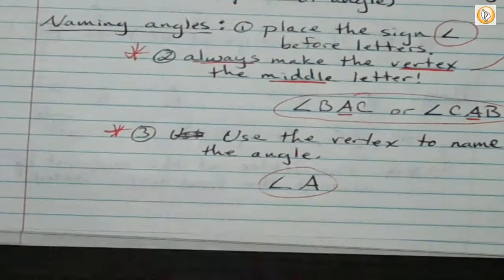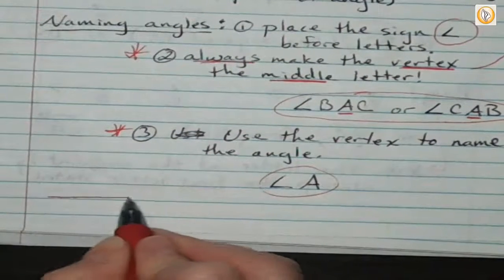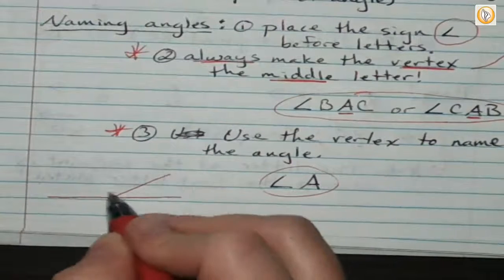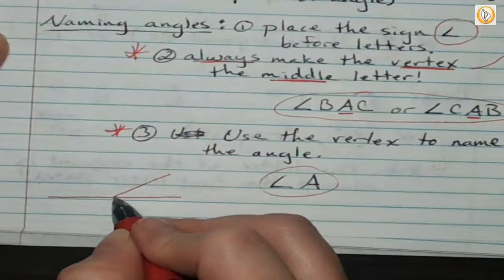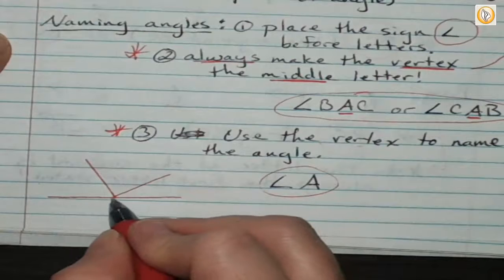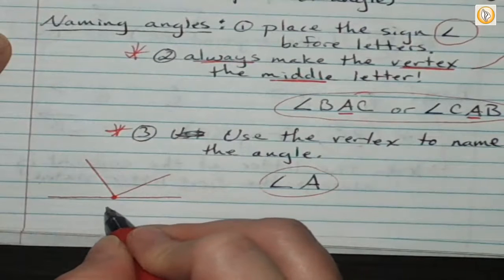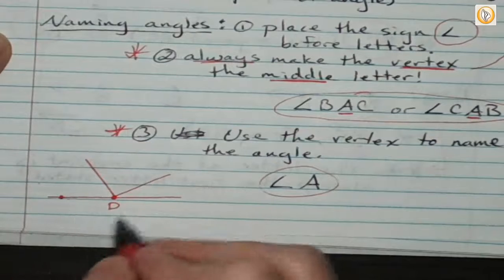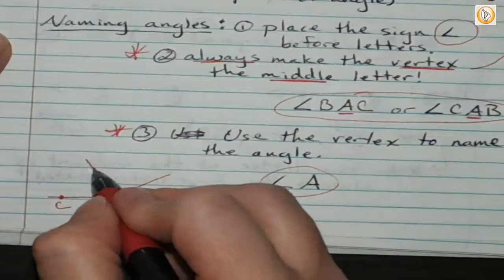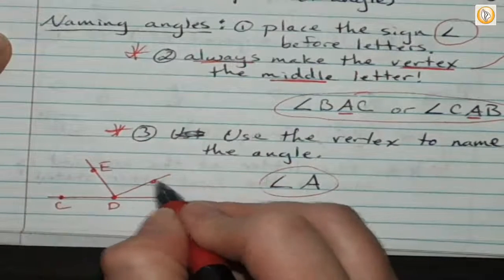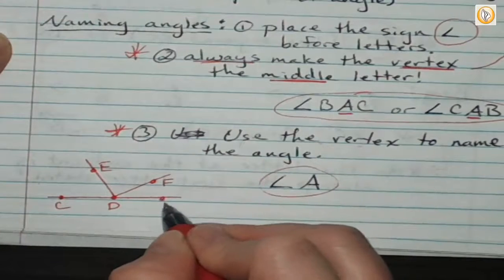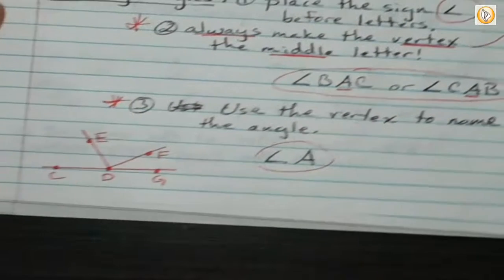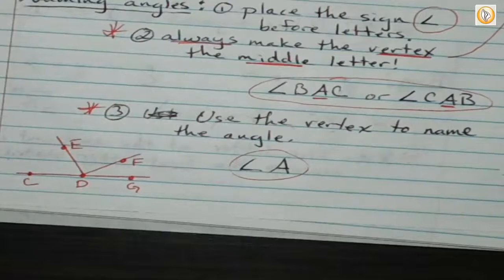For example, let's say this is D, this is C, E, F, and G. If I were to say, which angle is 50 degrees?